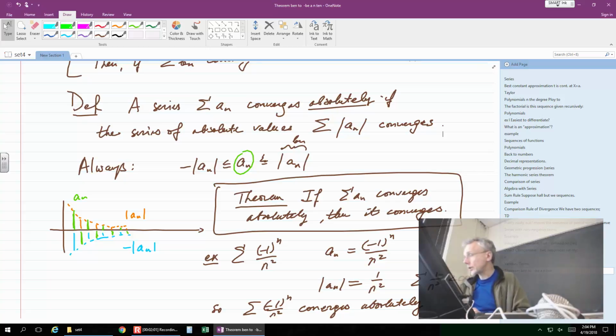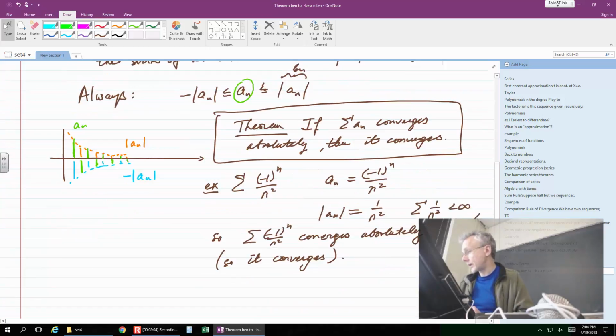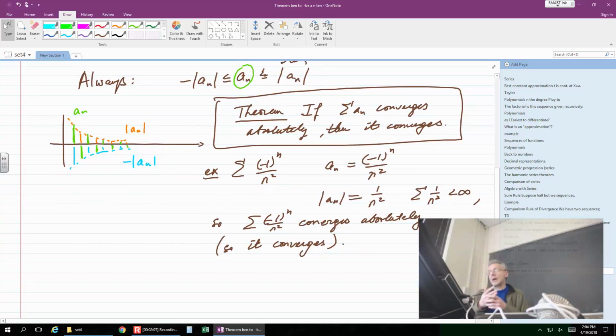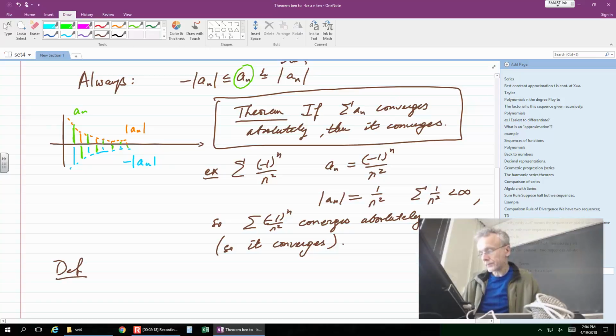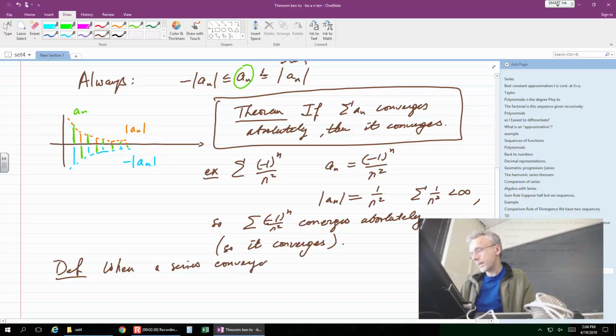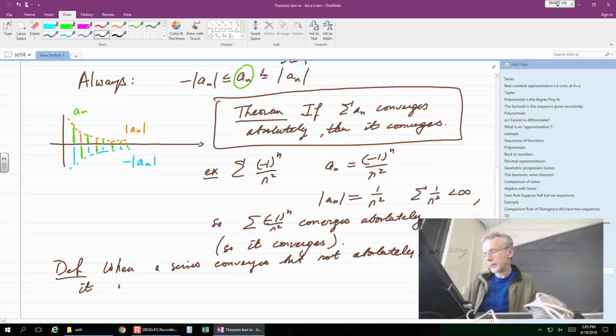The term is descriptive in the sense that absolute convergence comes from the convergence of the series of absolute values. However, there is a term we also have to deal with: when a series converges but not absolutely, we say it converges conditionally.